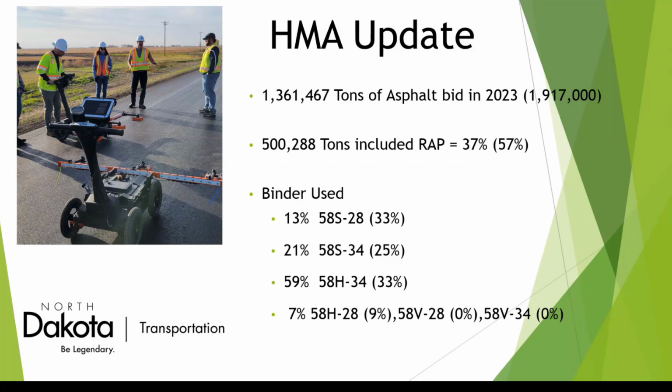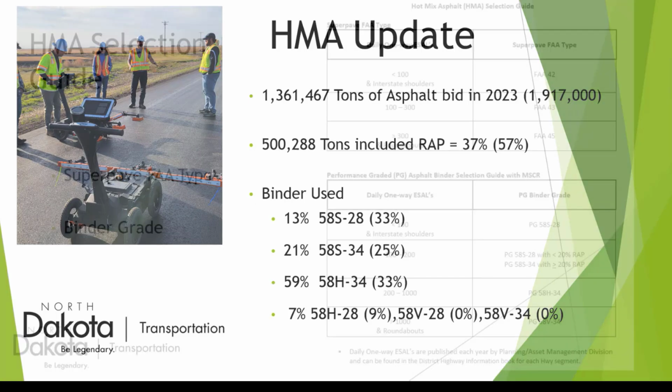And you're likely to see more and more of those, particularly on the NHS routes, the high truck traffic routes. I know Kurt's Dunn from Grand Forks is on here. I think one of the jobs, University Boulevard, did a thin lift overlay over concrete, and they used the 58V-34, and it's performing fairly well as far as retarding reflective cracking or the severity of the reflective cracking on there. So you're probably going to see more of that.